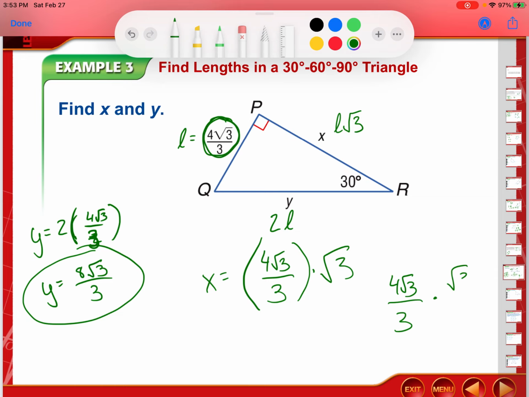So if I have 4 root 3 over 3 times root 3 over 1, and we multiply straight across, we know that root 3 times root 3 is just 3. So we can pretty much just get rid of that square root sign, which leaves us with 4 times 3. 4 times 3 is 12. 12 over 3, which simplifies to 4.